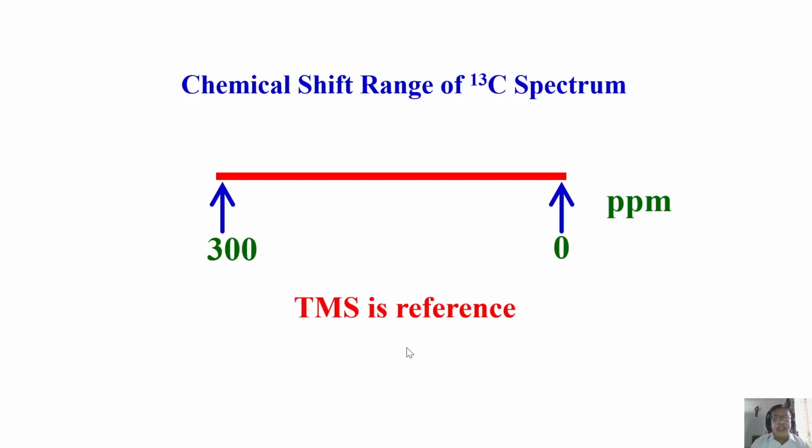Now, if you look at the chemical shift range of carbon 13, again it is measured with reference to TMS. Proton is 0 to 10 ppm, but carbon is 0 to 300 ppm. Very interesting. Remember, if I have a 500 megahertz spectrometer and I want to study proton, 10 ppm, so I will cover only 10 into 500, 5000 hertz.